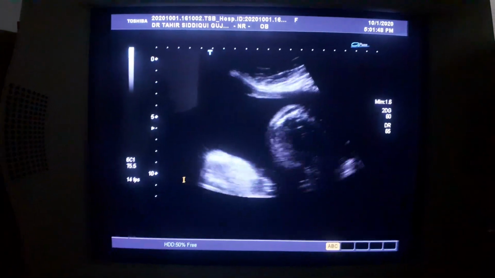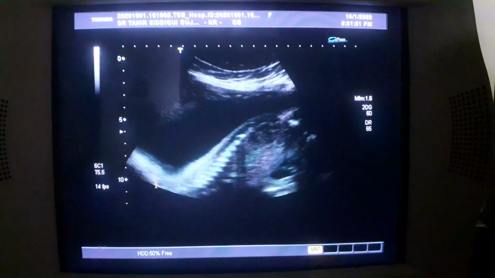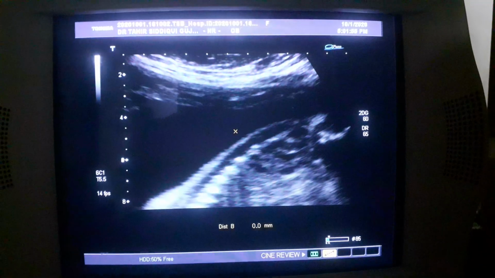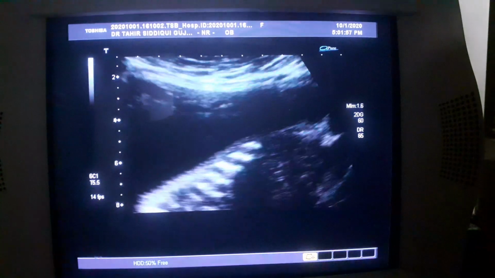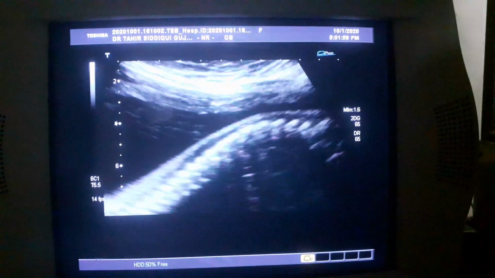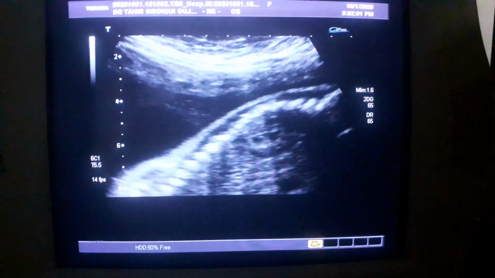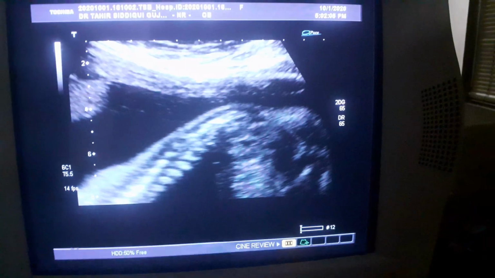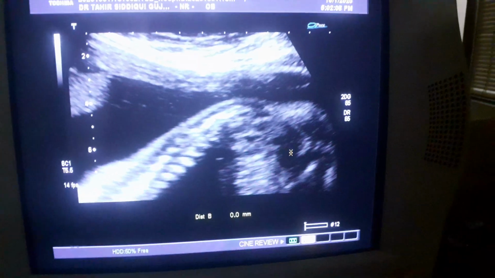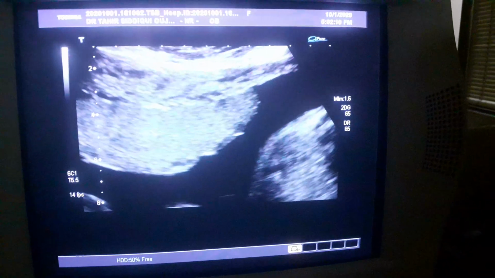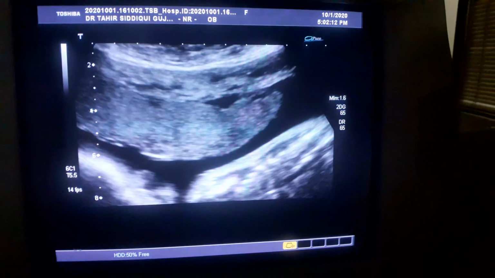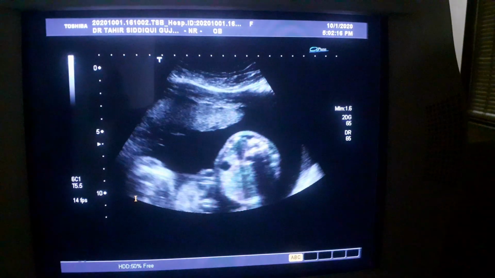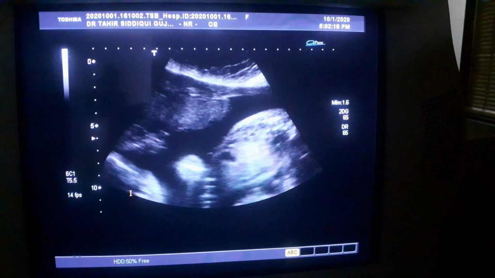Similarly, the abdominal contents are normal. You see the kidney. This is the kidney. It's normal. The urinary bladder is seen. Stomach bubble is seen.